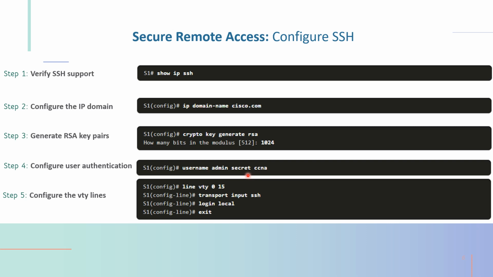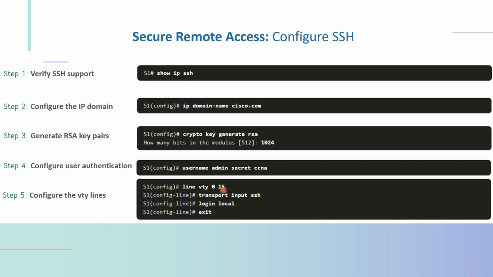We will enable the Secure Shell protocol on all the virtual lines by using the transport input ssh command in line configuration mode. The switch that we are using has 16 virtual terminal lines, numbered from 0 to 15.